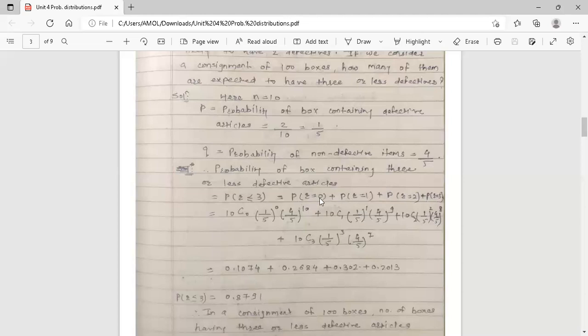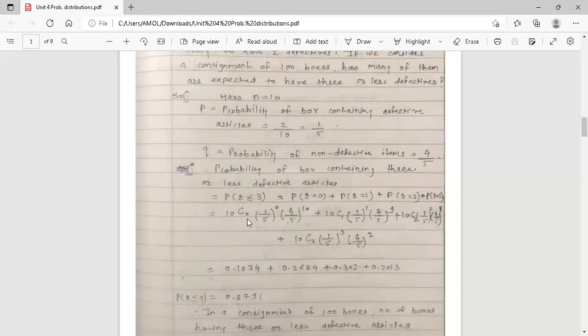Now P of R is equal to 0. Here we are going to use binomial distribution because the value of n is small, n is equal to 10, and there are only 2 outcomes, defective or non-defective articles. When R is equal to 0, the formula is nCr P raised to R into Q raised to n minus R. Here n is 10, so 10C0 because R is 0.